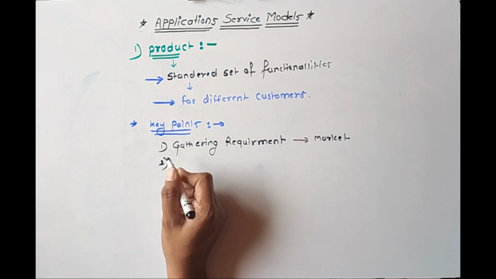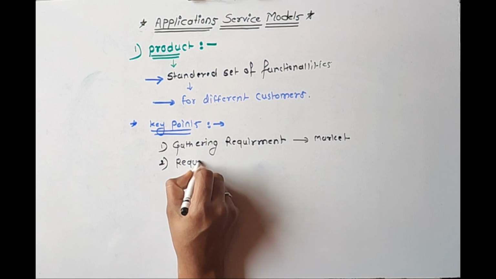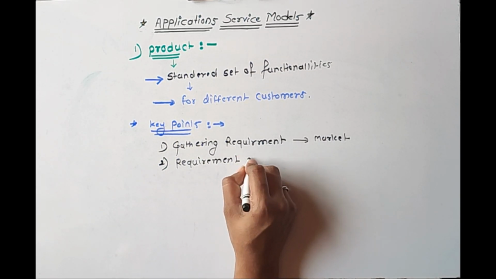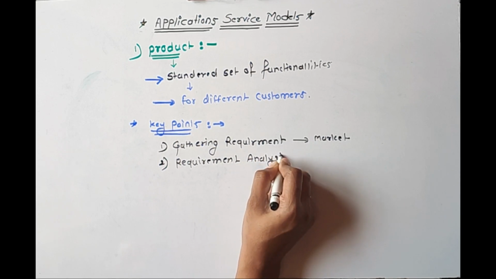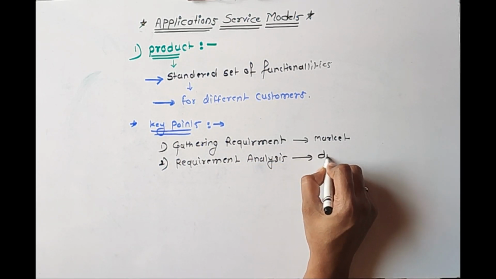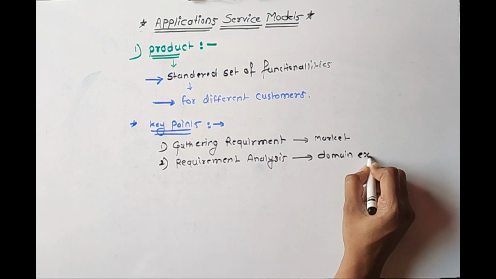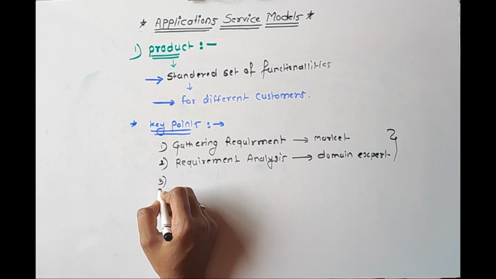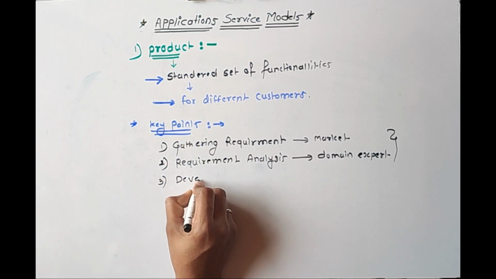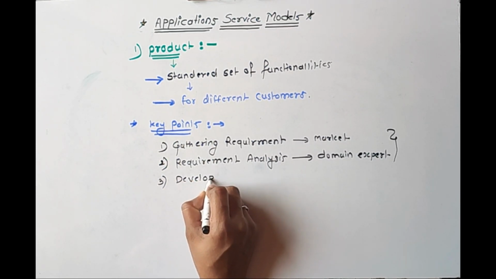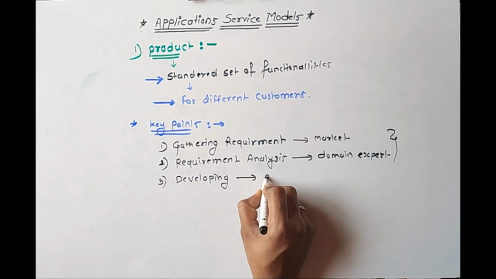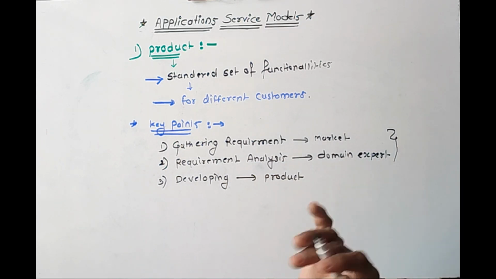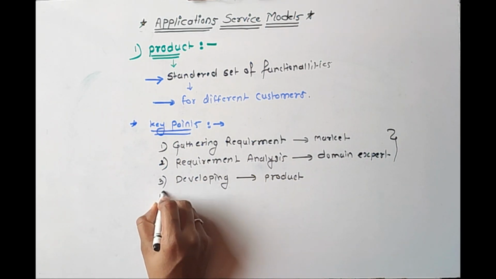Second, requirement analysis by domain expert. Okay. By using these 2 points, we are developing a configurable product, means we are developing a product by using this market survey and analysis of the requirements.